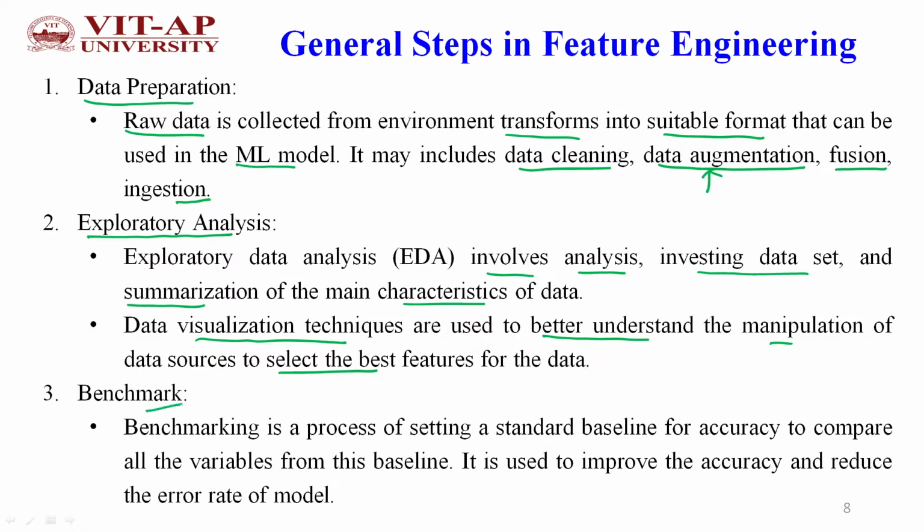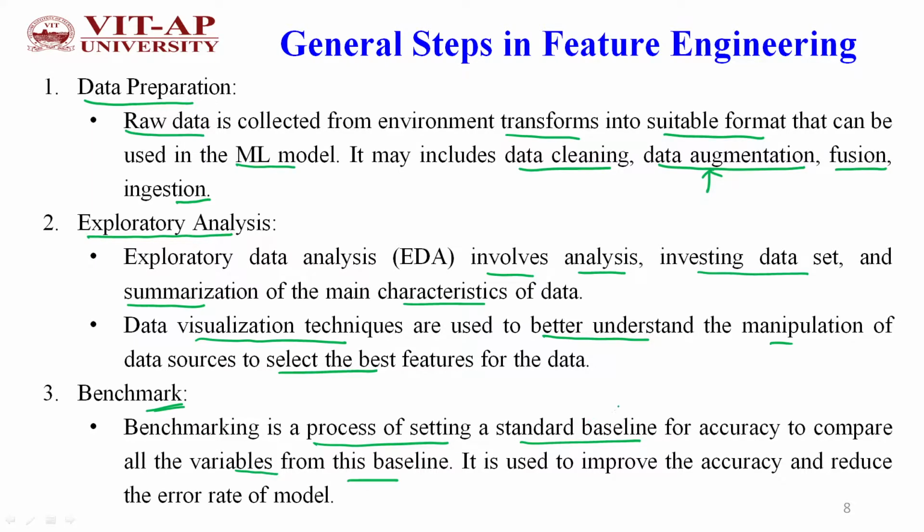Third one, a benchmark. When we are designing the machine learning model, we have to take some benchmark data to compare our model. So benchmarking is a process of setting a standard baseline for accuracy to compare all the variables from this baseline.